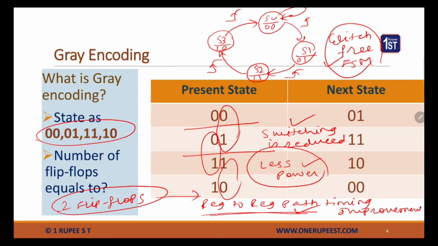And effectively, most of the time, as register to register path timing has been improved, the combinational area reduces, or I will get minimum combinational area. Getting this point? So most of the time we will prefer gray encoding as far as FPGA synthesis or FPGA design is concerned.